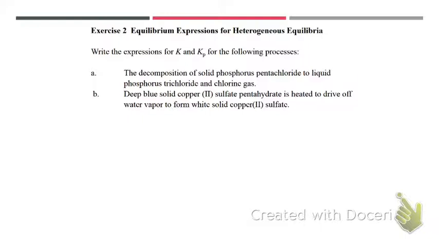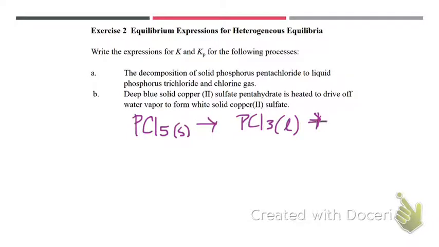So for this one, we are writing the expression for the decomposition of solid phosphorus pentachloride to liquid phosphorus trichloride and chlorine gas. First of all, write the equation. PCl5 solid yields PCl3 liquid plus Cl2 gas.